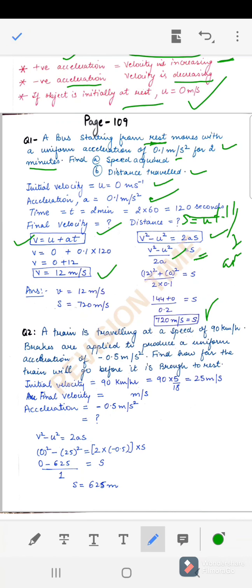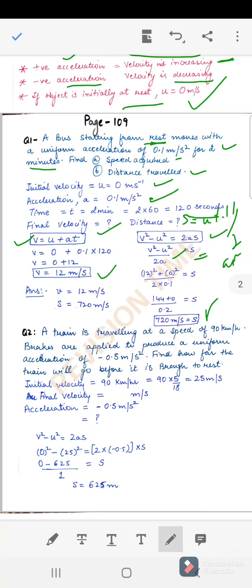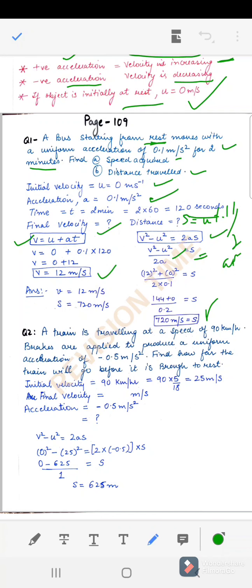So the next question says, a train is traveling at a speed of 90 km per hour. Then the brakes are applied to produce a uniform acceleration of minus 0.5 meter per second square.